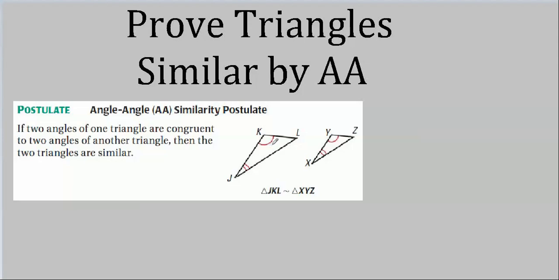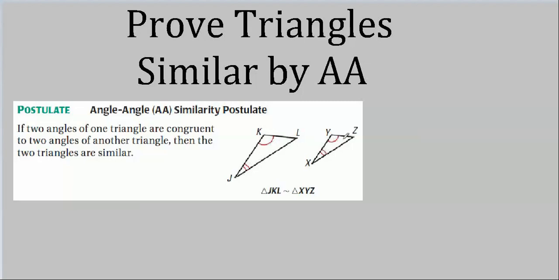Well, if two of the angles are congruent, we know that the third one has to be. You remember that because they add up to 180. So if this were A and this were B, then this is A and this is B, and they both have to add up to 180.